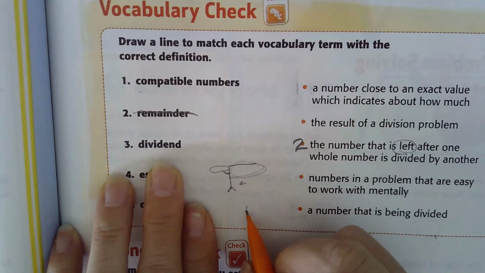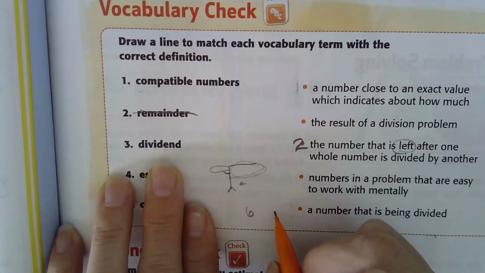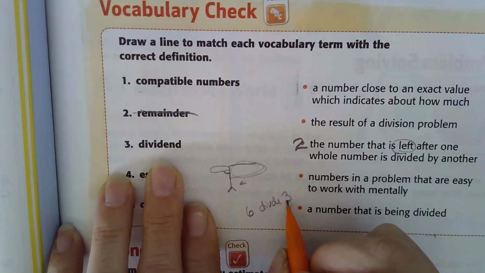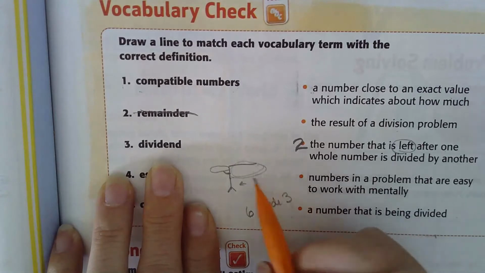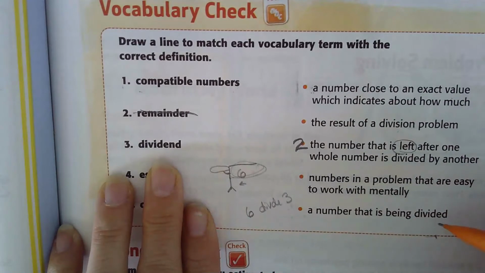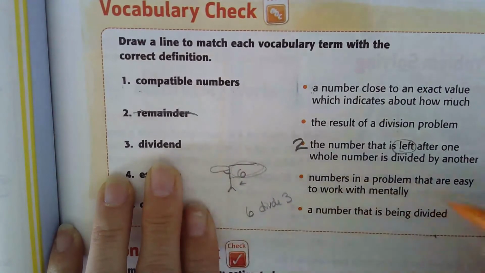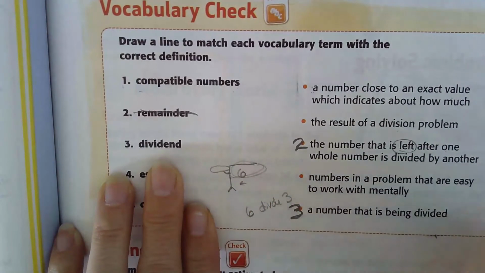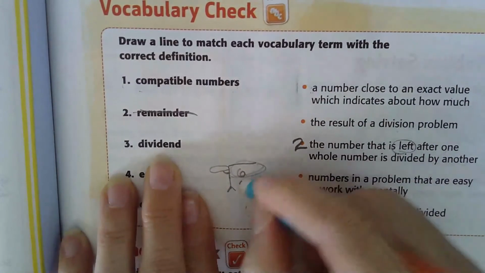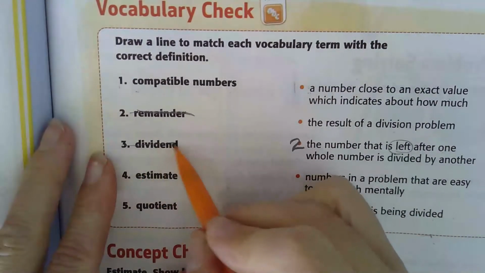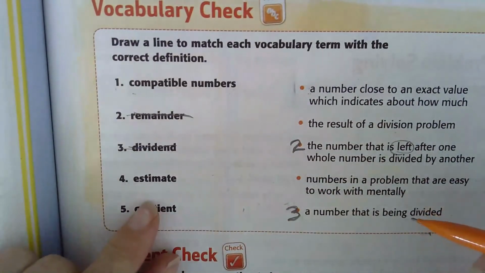I had 6 cookies, and I want to divide them among 3 friends. So the 6 would go inside to be divided. So the number that is being divided, is that the dividend? Yes, it is. So your number 3 should go right down here. Your word dividend matches that definition. Not a very good definition, but oh well.